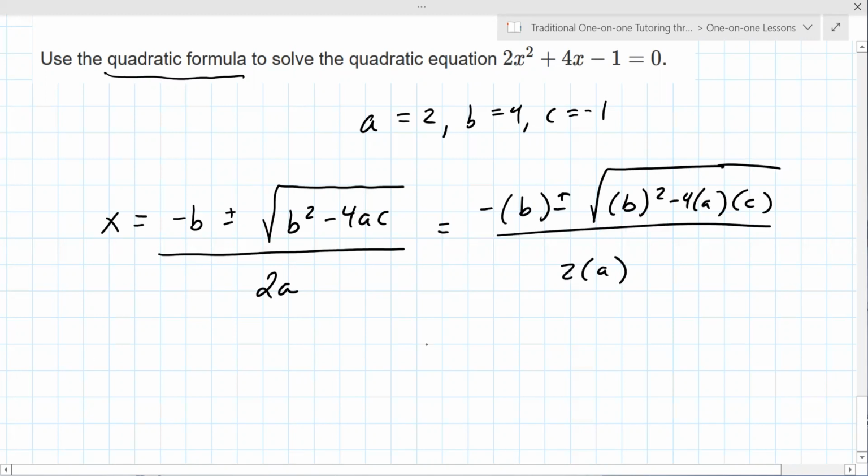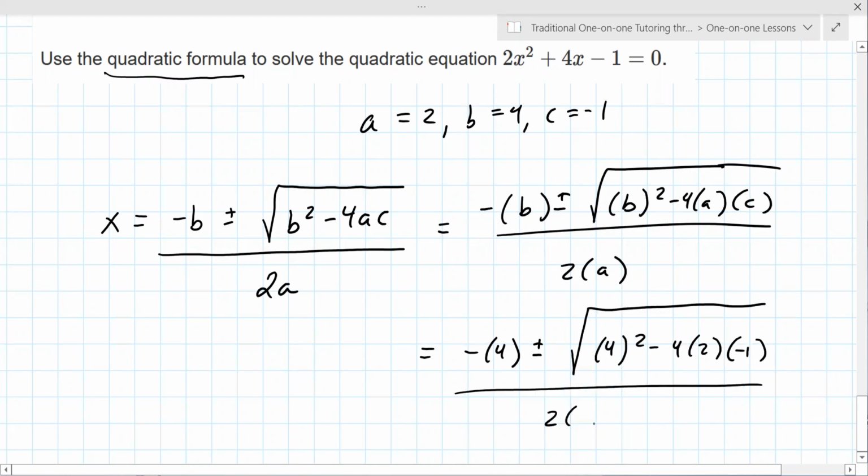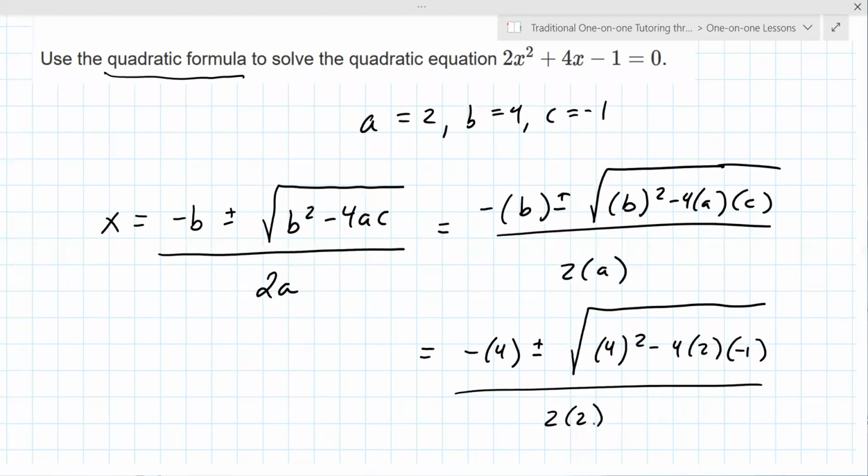So it's minus parentheses 4 plus or minus the square root of parentheses 4 squared minus 4 times 2 times -1, all over 2 times 2. Okay. So now just comes the issue of being able to simplify.